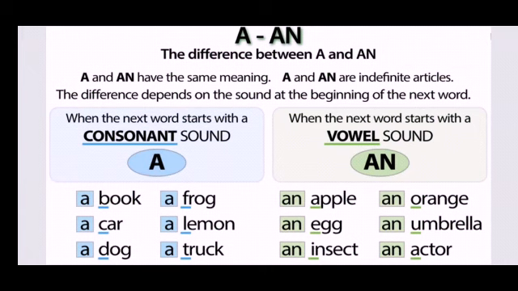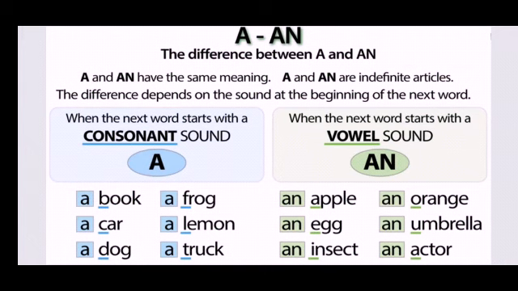Before the vowel sound, we are using an. Apple, egg, insect, orange, umbrella, actor. An apple, an egg, an insect, an orange, an umbrella, an actor.